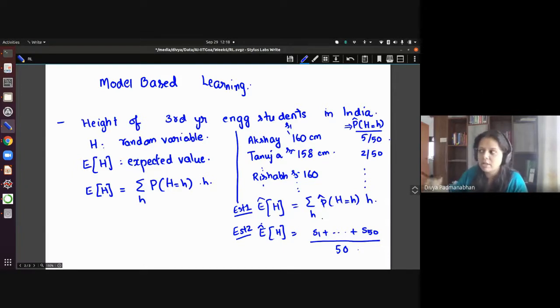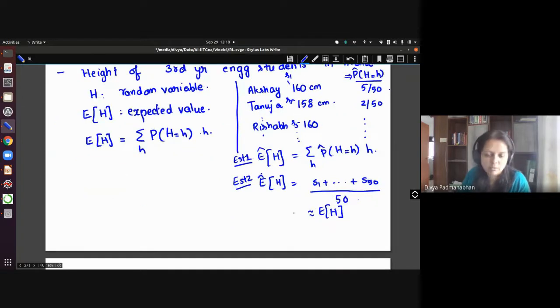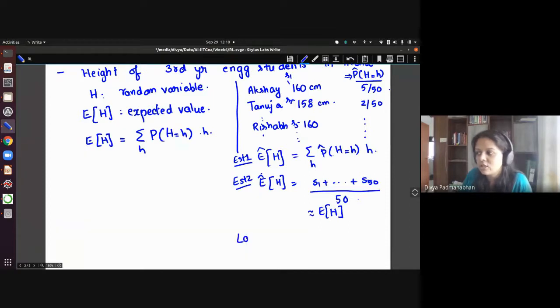If you have a large number of samples, this will be close to the true expected value of h. Do you remember what this was? Law of large numbers, I think. Yes, exactly. Because of the law of large numbers, this was a reasonable thing to do.